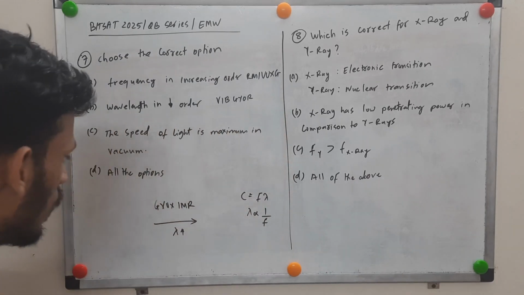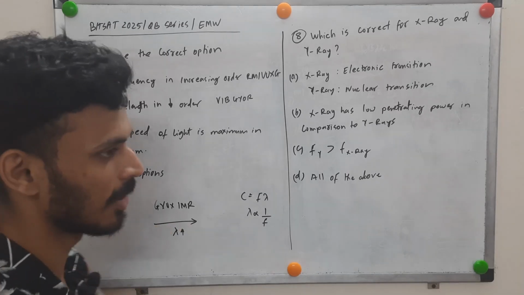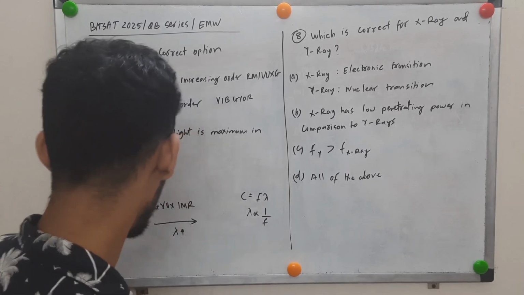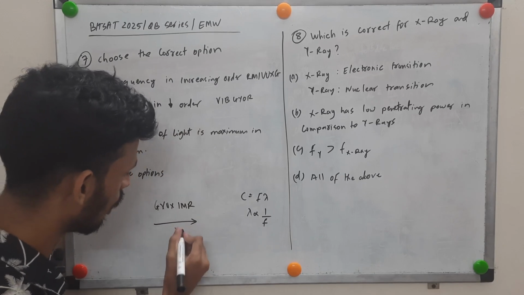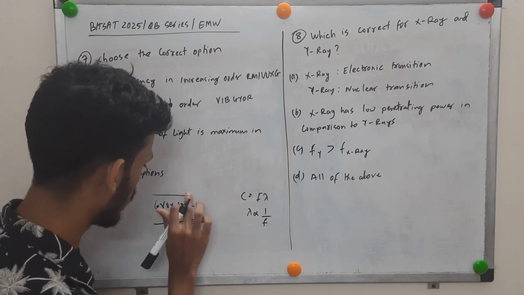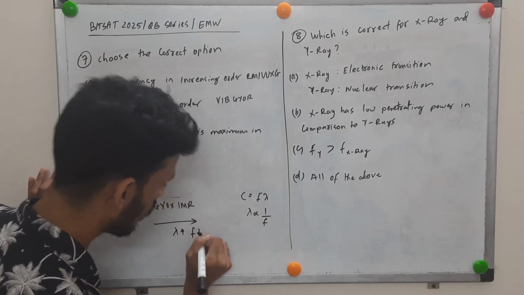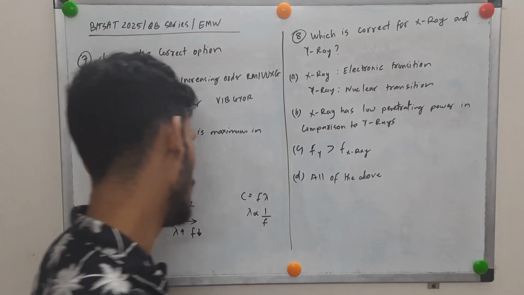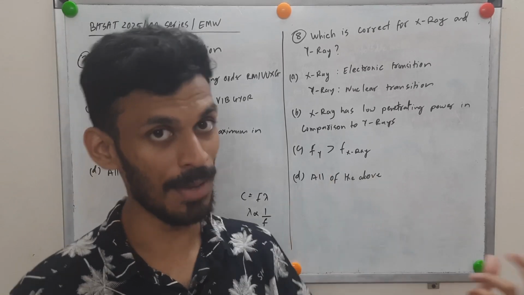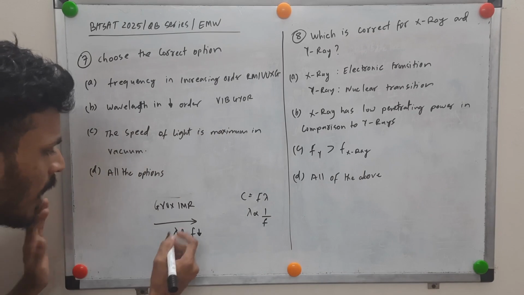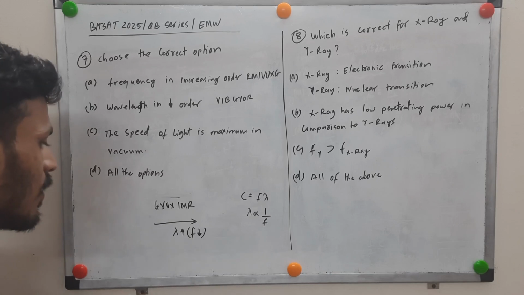So you can remember it this way: gamma X UV I M R. In this direction lambda increases and frequency decreases. The other direction will be opposite.